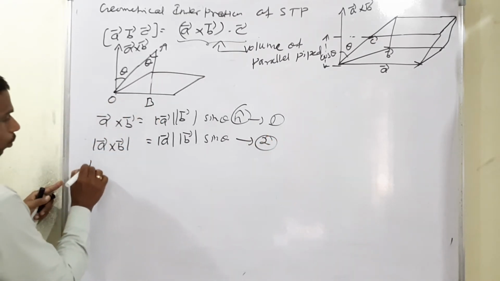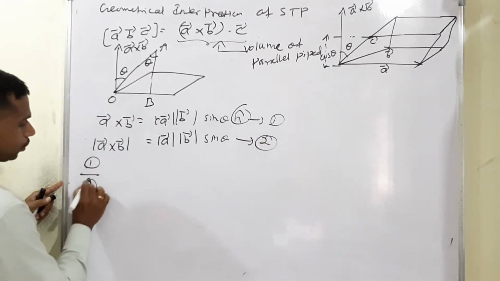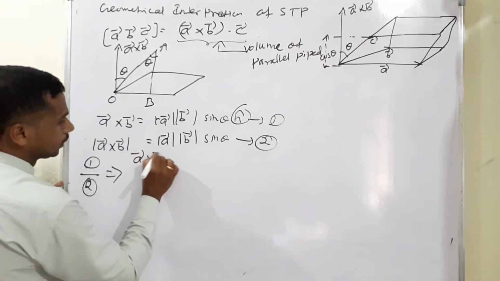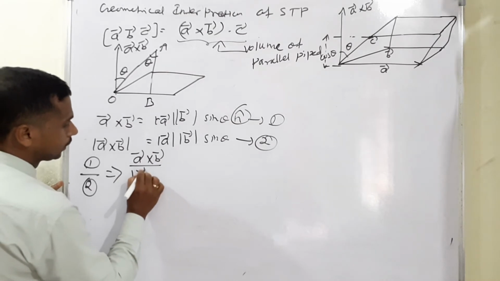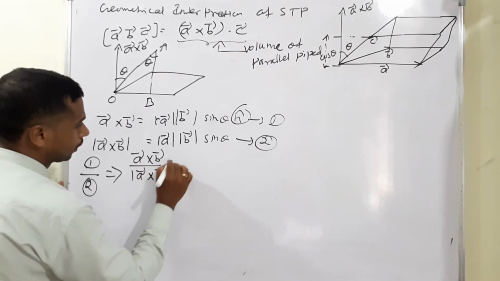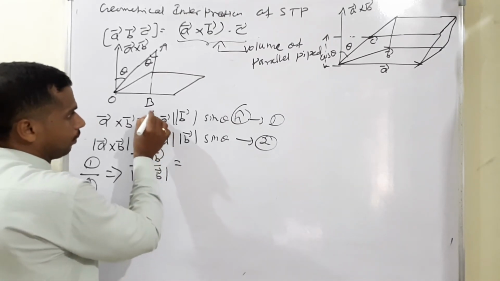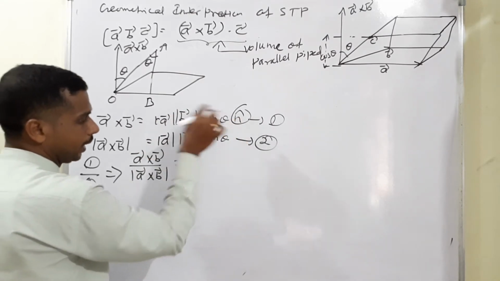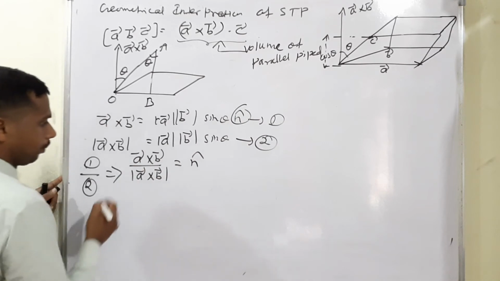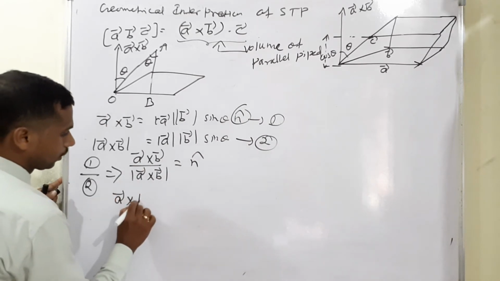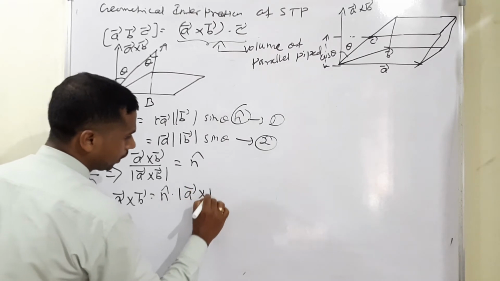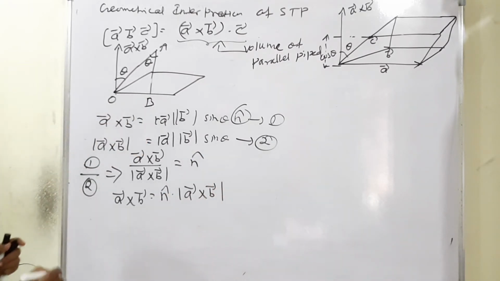Equation 1 divided by equation 2: the whole term cancels and only n cap remains. Therefore A vector cross B vector is equal to n cap into modulus of A vector cross B vector.